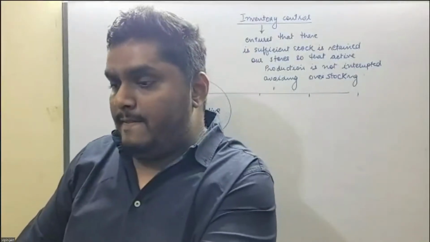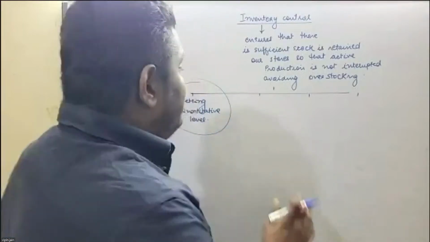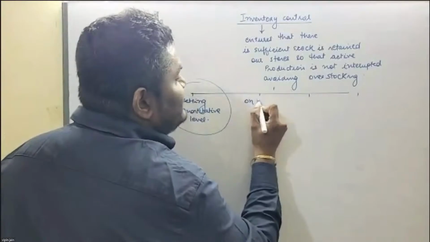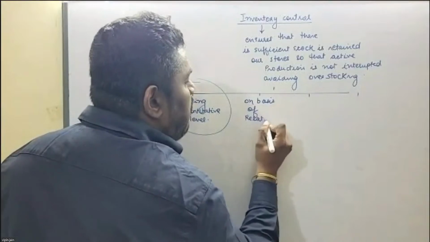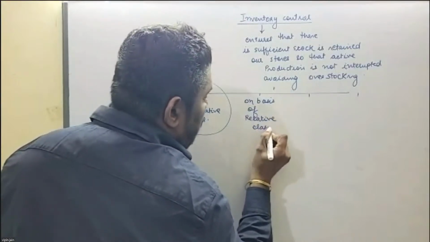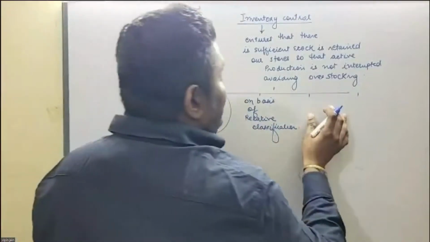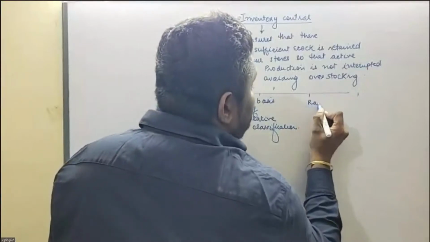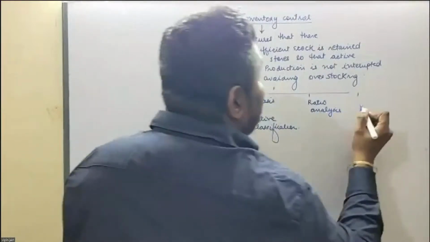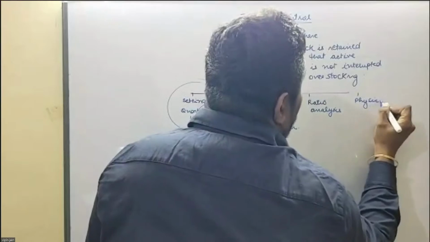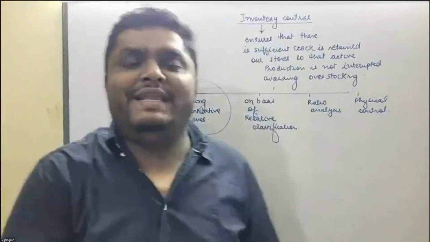Thereafter, we'll be discussing on the basis of relative classification. One more technique of inventory control is via ratio analysis. And the last part is physical control. So these all are the various techniques of inventory control.